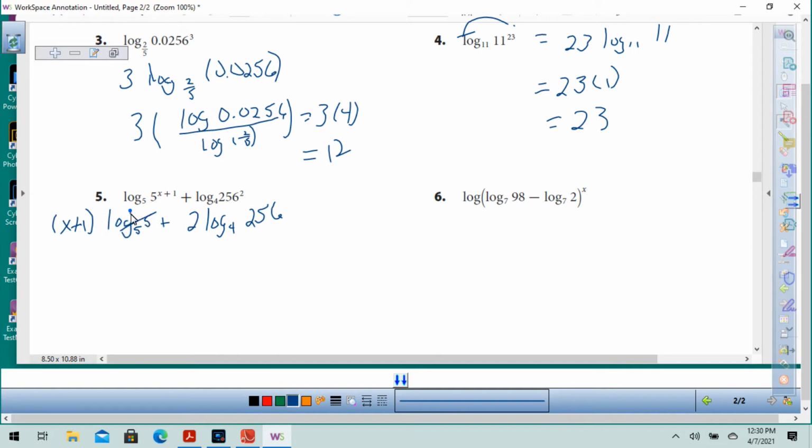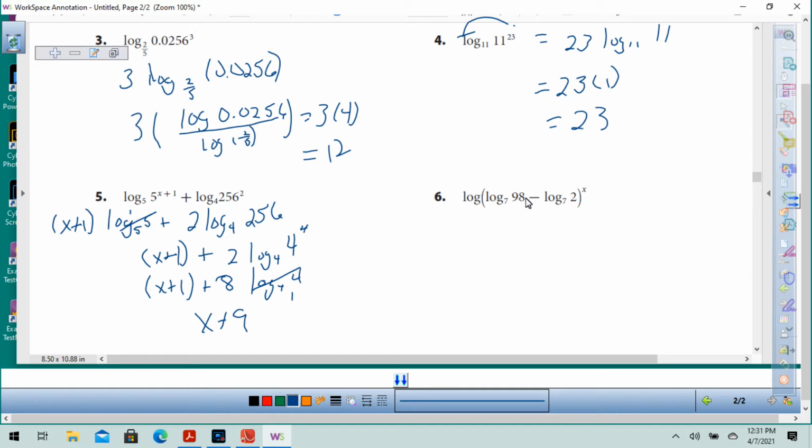So this equals 1, so I've got x plus 1 plus 2 times log base 4, and that's 4 to the 4th power. So I'm going to move that 4 up: 4 times 2 is 8, and then log base 4 of 4, again, equals 1. So 1 plus 8 is 9, and I have x plus 9.